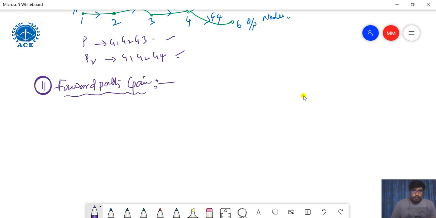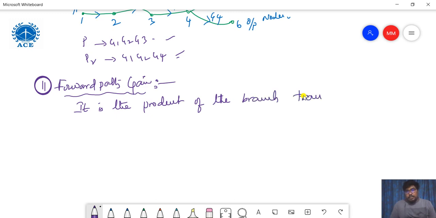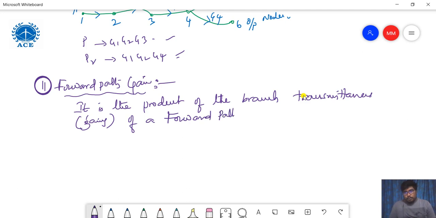Okay, so I can say it is the product of the branch transmittances. Transmittance is nothing but I can write gains, right? Transmittances of a forward path. Simple.